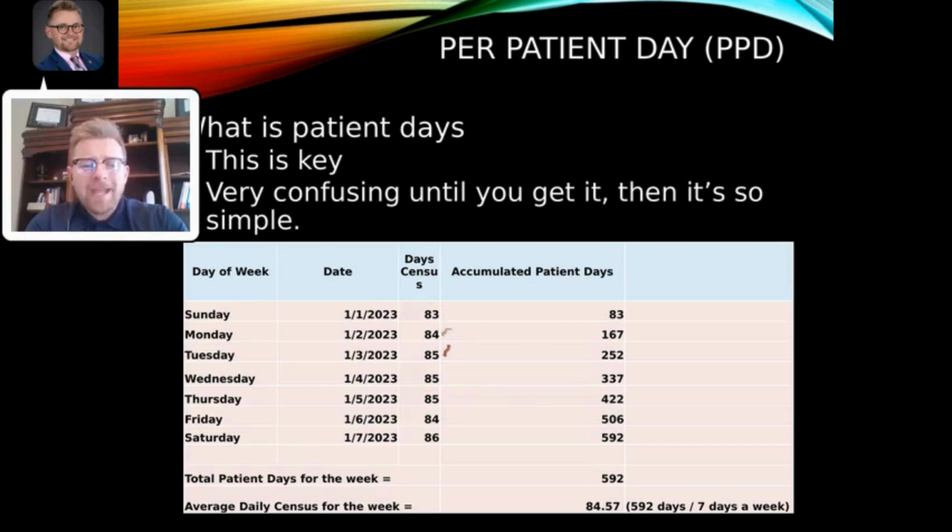So how many patient days do you have so far for Sunday, Monday, and Tuesday? Well, you have 83 plus 84 plus 85, 252 patient days.